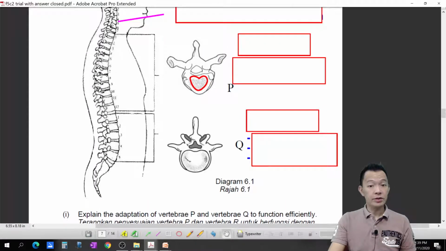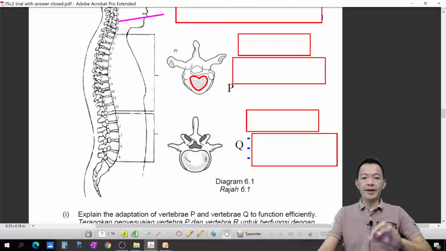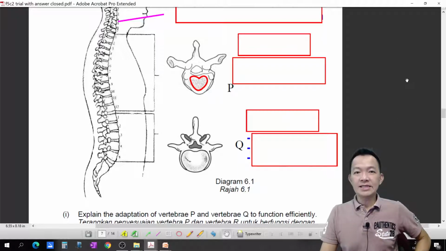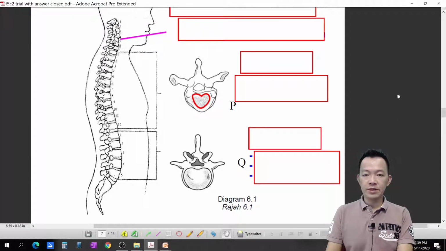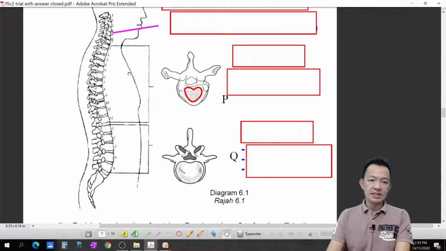We have seen this before, so don't worry. P is the thoracic vertebra. Is there anything special about the thoracic vertebra? It possesses a long spinous process and a transverse process.